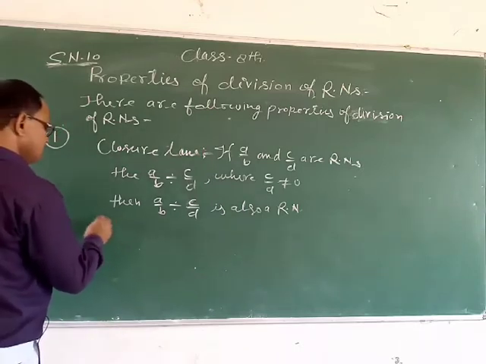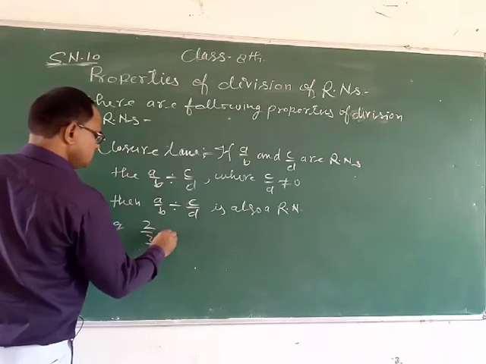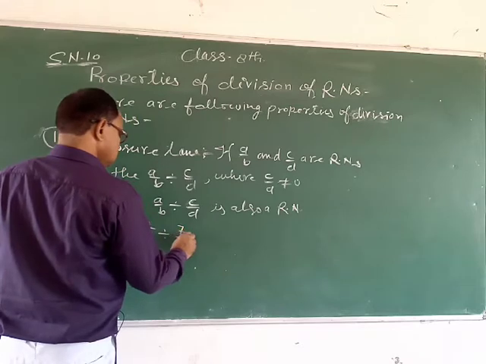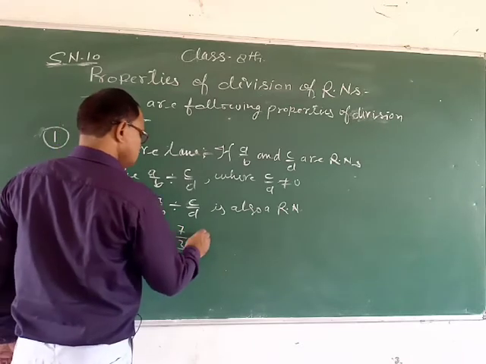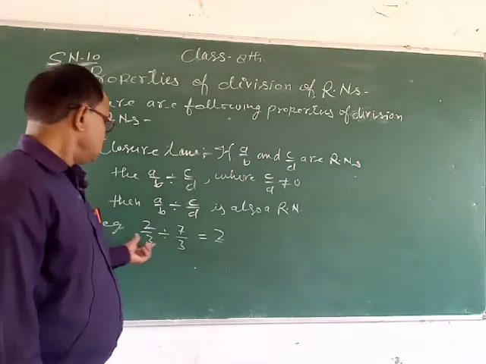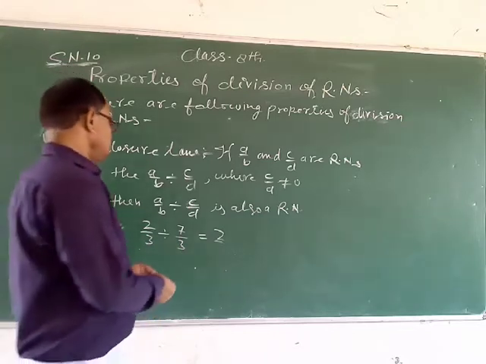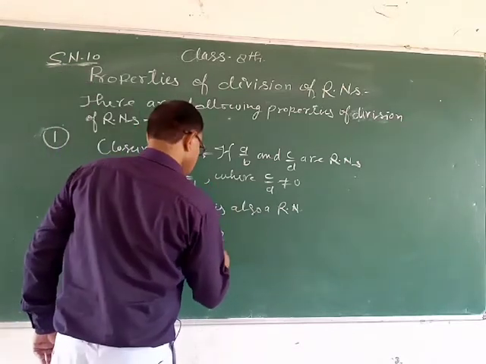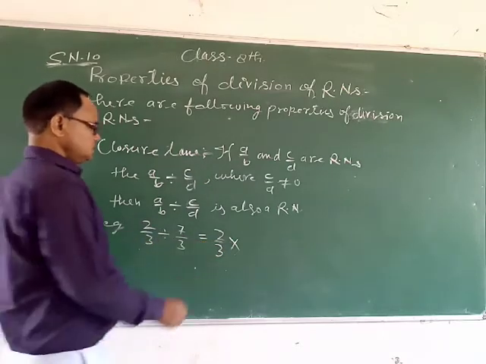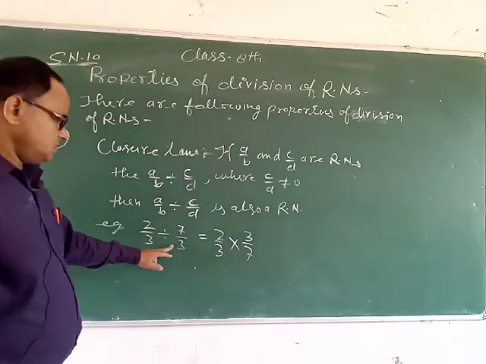As an example, 2/3 divided by 7/3. Okay, 2/3 is a rational number, divided by 7/3, a rational number. Then we get 2/3, and during the multiplication the sign changes. Then we get 3/7.